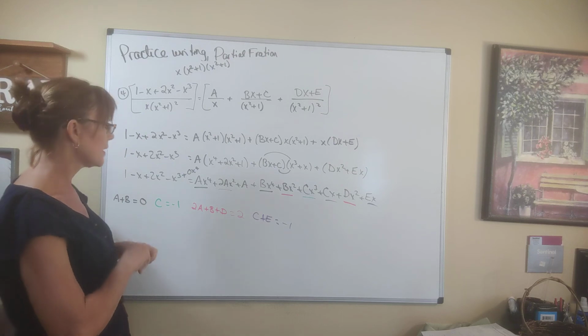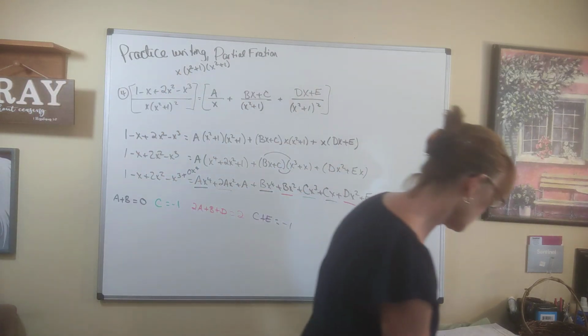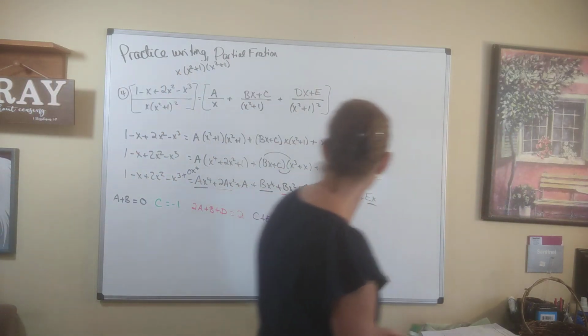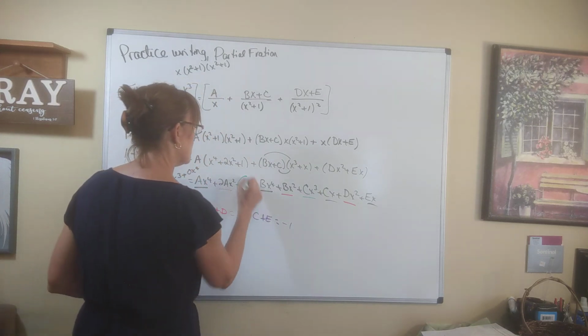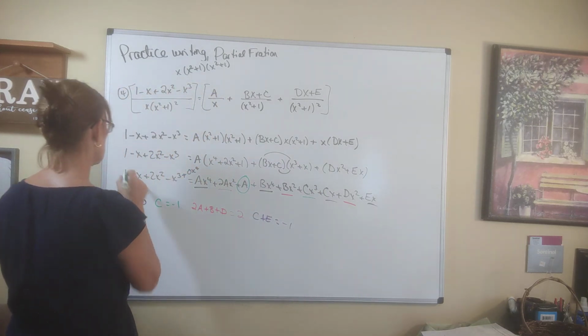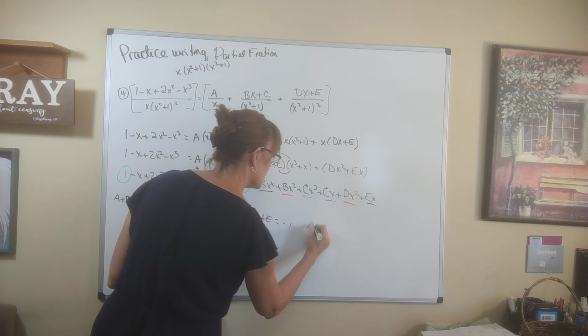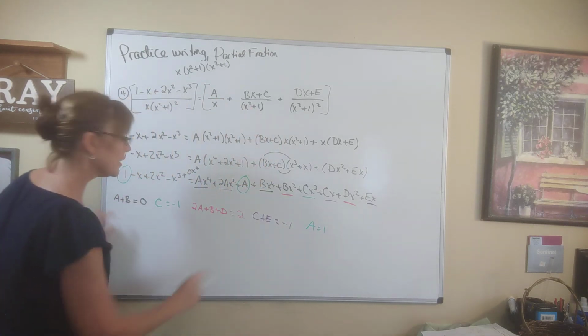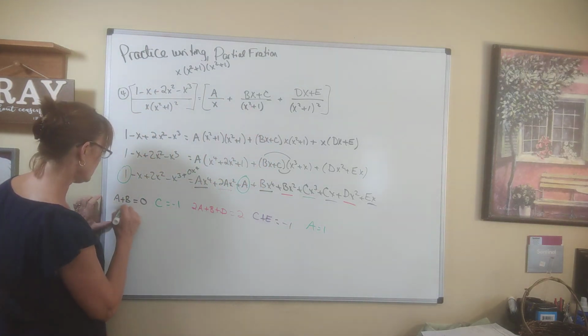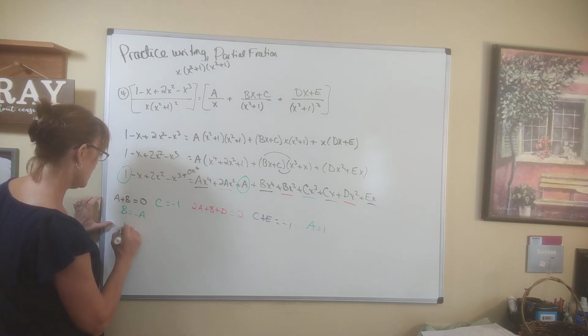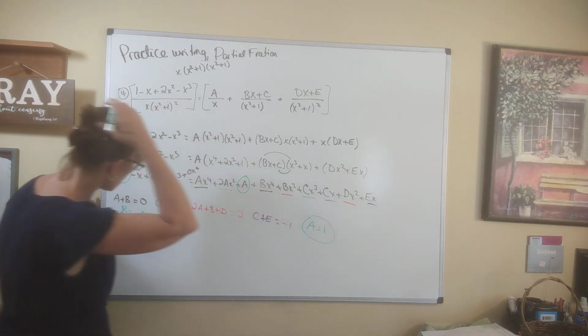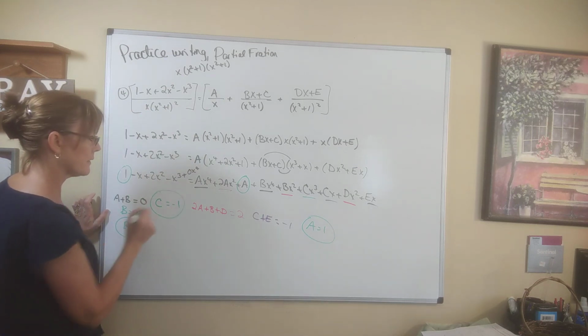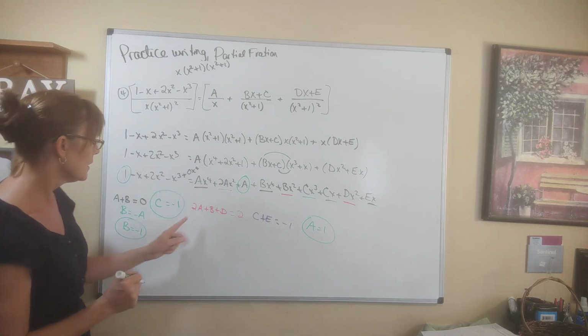And then I have a constant term right here. a is the only constant term, is 1. a is 1. Okay. Well, if a is 1 and b is negative a, then b is negative 1. a and b are taken care of. Okay. c is taken care of. All right, let's plug in what we know.